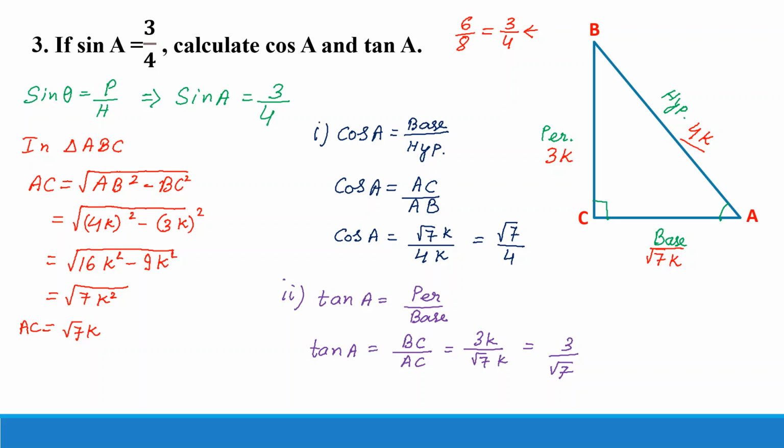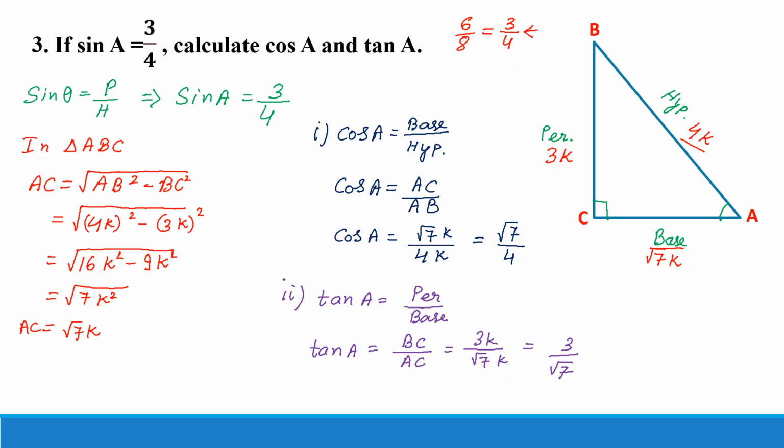So this is how we can calculate the value of any of the trigonometric ratios if we know the value of any one of them. We can just use this method. Even if we want to find any other trigonometric ratio like sec, cosec and the others, we can calculate all by using the same procedure.